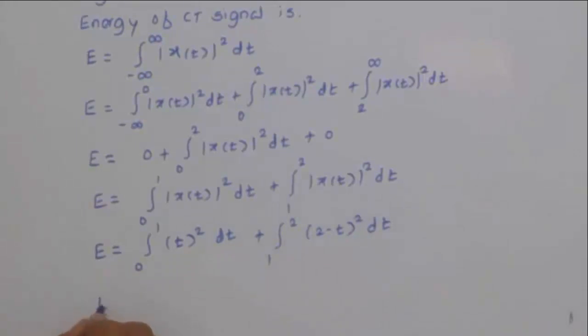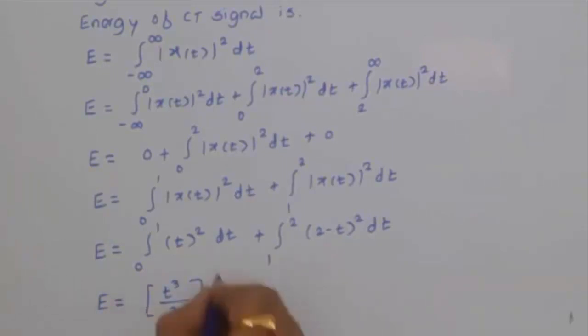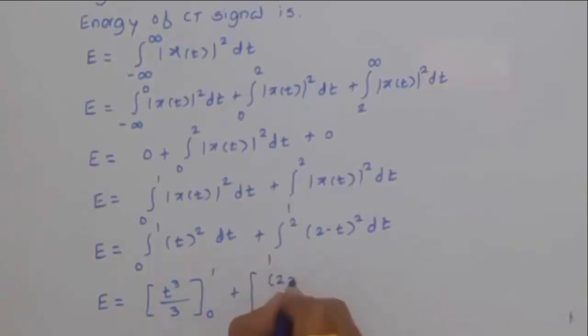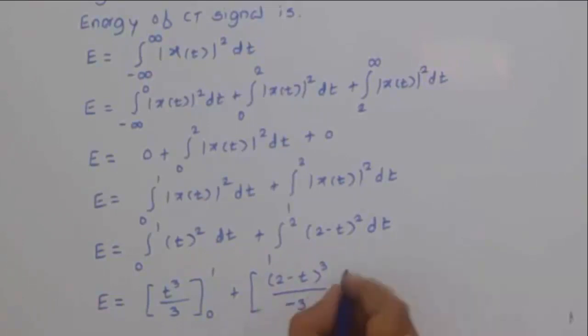If we solve the integration, we will get energy. Integration of t squared is t cube upon 3, limits 0 to 1. Integration of (2 minus t) squared is (2 minus t) cube divided by minus 3, limits 1 to 2 as it is.